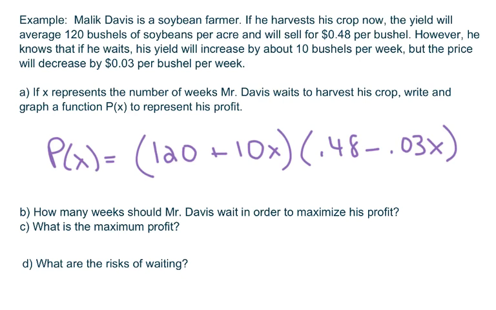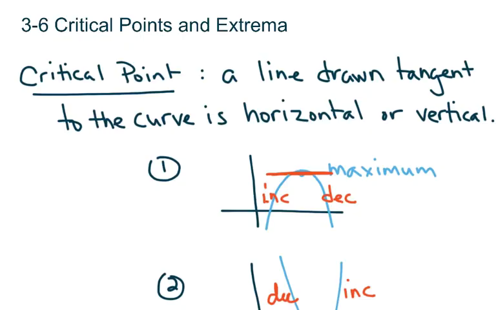Well, what happens if bad weather came through and destroyed all the crops because he decided to wait an extra week when he could have harvested last week and not had this happen? You have to think about all the things in a problem that could affect the outcome. And that is critical points and extrema.